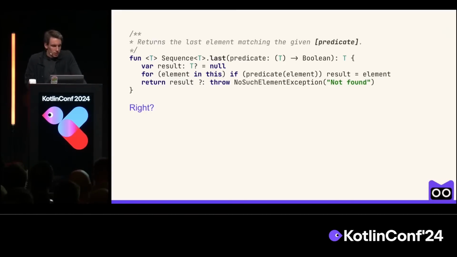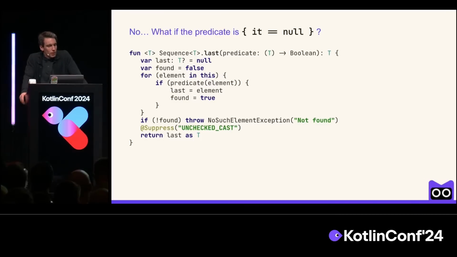Right. But what if the predicate checks for nulls? You see, our collection can store nulls, and we need to differentiate the situation when we didn't find anything from the situation when we found null. To handle this case, we need an additional variable, found, that will be updated if we actually found the required element. And this solution comes with the price of more complicated code and an unchecked cast at the end.